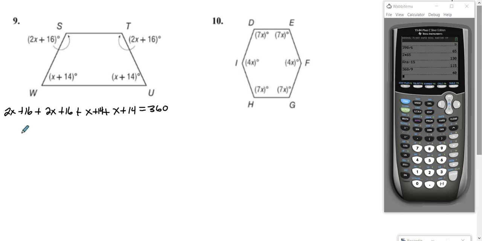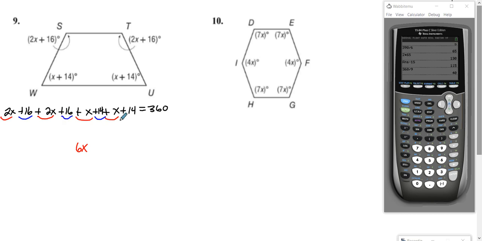Let's see here. Let's combine 2x and another 2x. That makes 4x, 5x, 6x. Here, 16. Actually, I'm going to do the 16 plus 14 is 30.